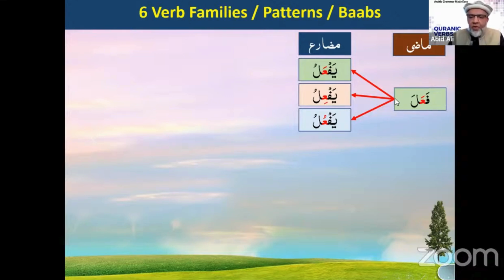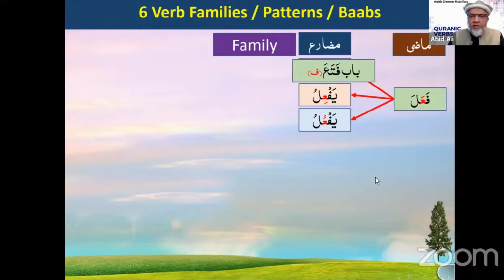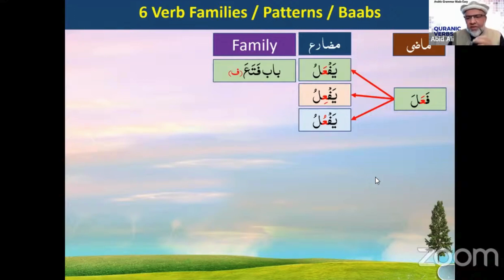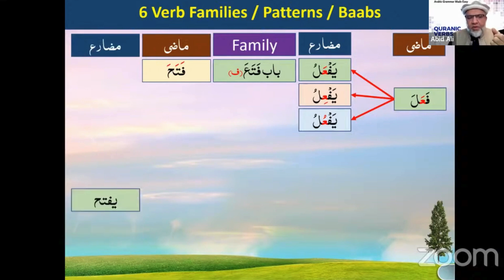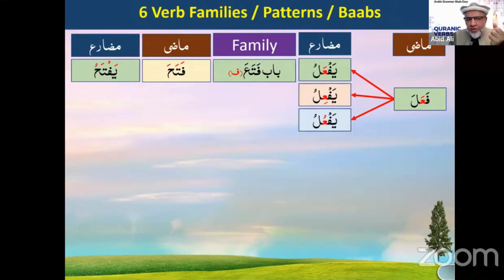He said, okay, if we go this path, if we go Fa'ala Yaf'alu, we are going to get a family called Bab Fataha. Their Madi will look like Fataha, the harakat will be Fataha, and the Mudari will be Yaftahu. Got it?